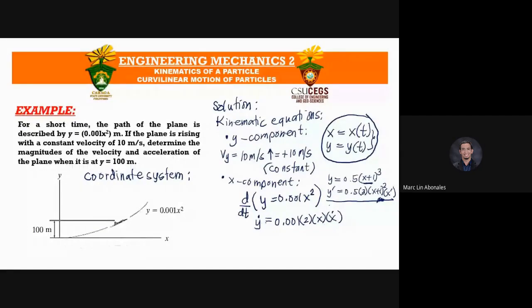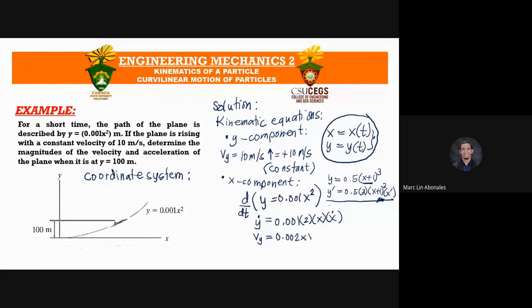When we apply the chain rule, when we differentiate each term with respect to time, we get y dot, so that is Vy is equal to 0.001 times 2 is 0.002 x, and x dot is Vx.